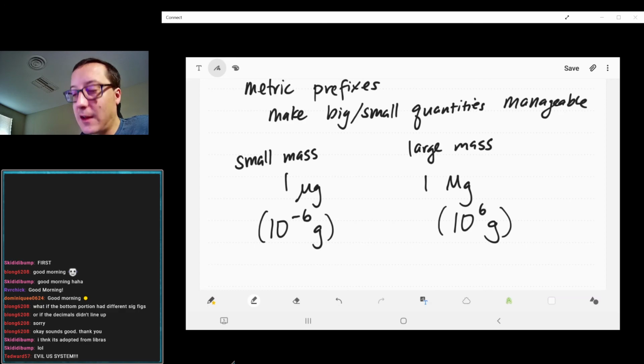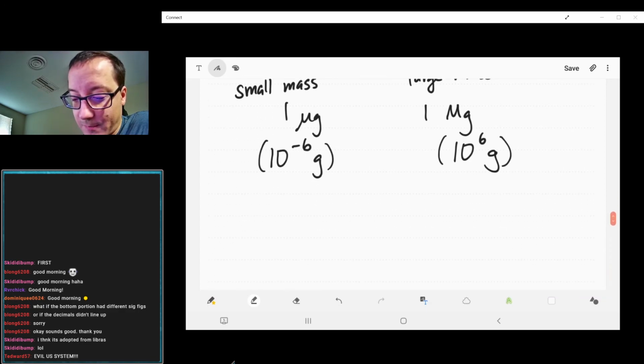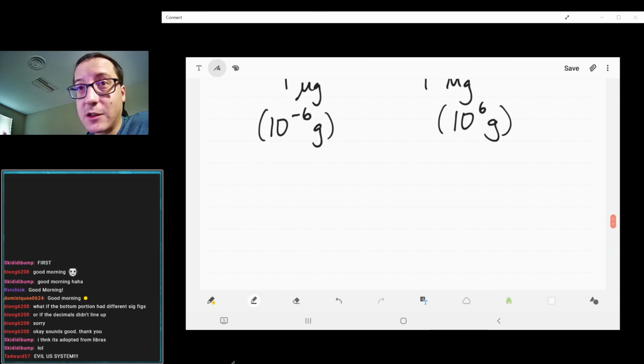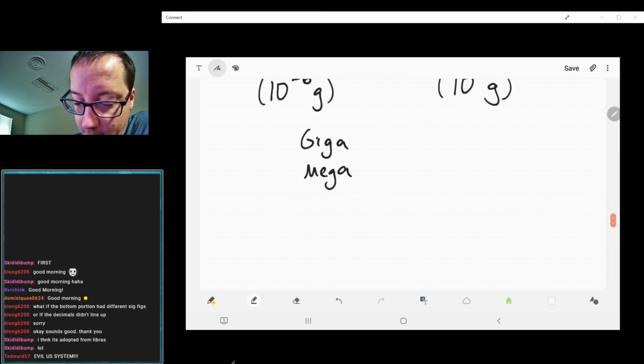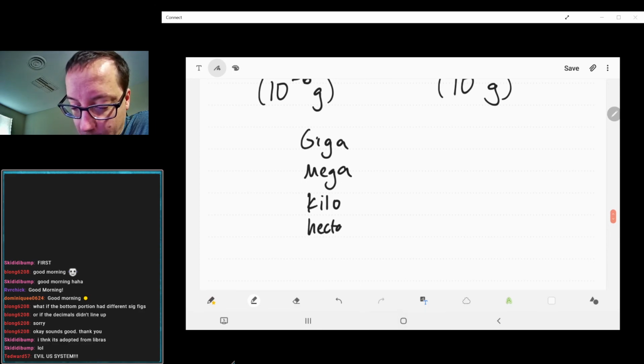So let's go ahead and take a look at what these are going to be. There is a chart in Discord for you that has all of these, but let's go down the list here. So we have giga, mega, kilo, you've got hecta, oops, and then what the heck is next?